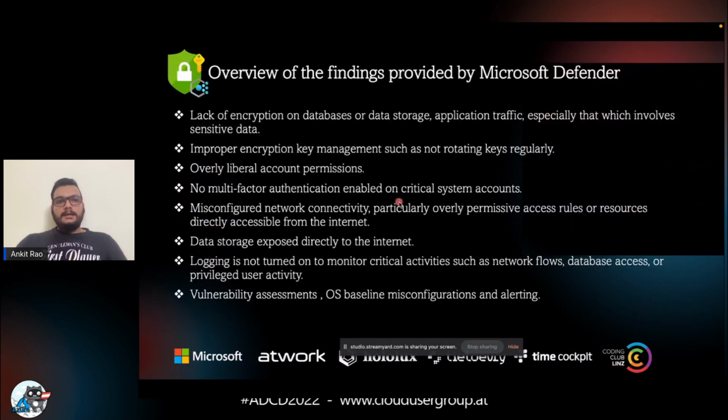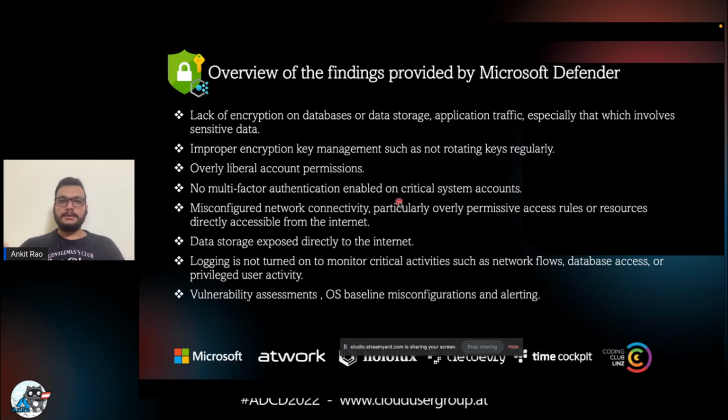Now moving ahead, this is a summarized view of all the findings provided by Microsoft Defender. It provides details around lack of encryption on databases, storage, application traffic, and whatever involves sensitive data. We didn't see this policy, but it does provide details of encryption keys and things such as rotating keys regularly.